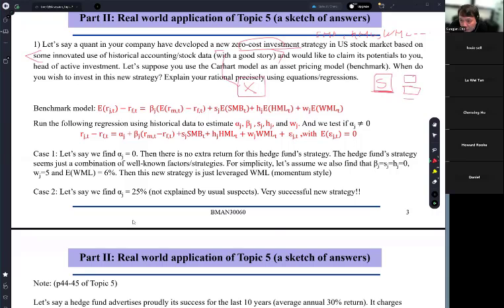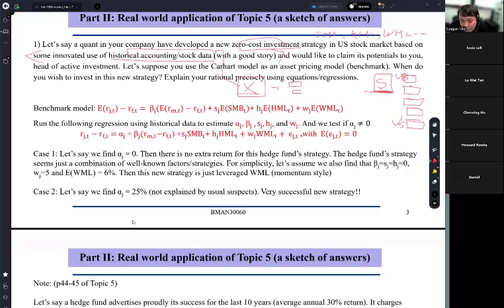You form 5 portfolios. We talked about this in the lecture, right? So the biggest firms, the smallest firms. If you think investing in small firms makes sense, you're going to buy this one and sell this one. So if I call this criterion X, you rank every stock in terms of X.